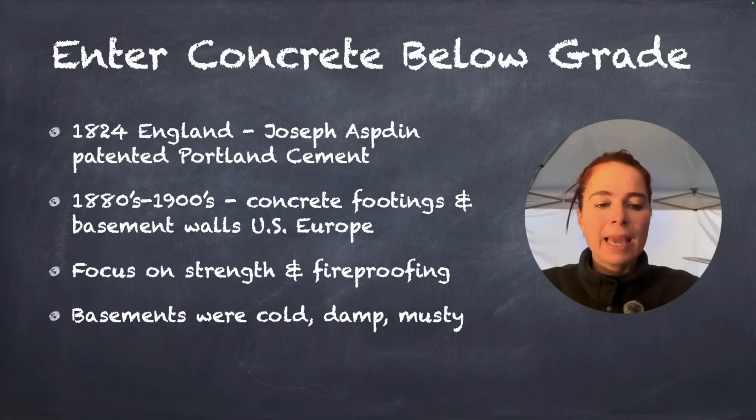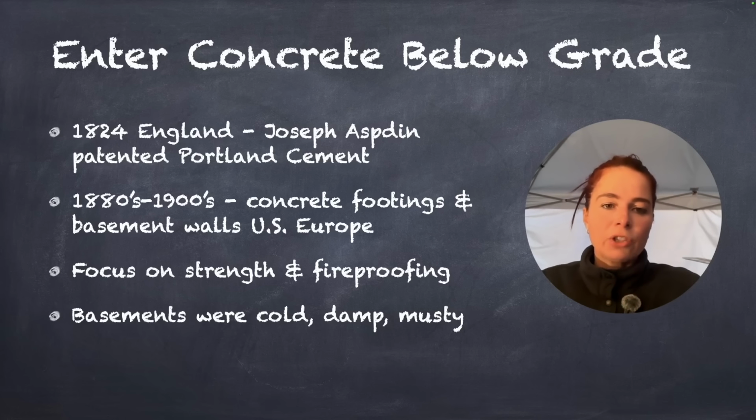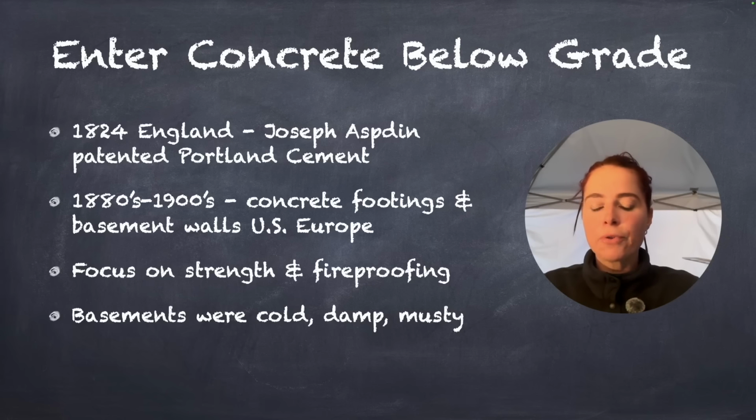By the 1880s and 1900s, concrete footings and basement walls started to appear in the US and Europe, and they really replaced stone and brick in urban housing. With these early concrete foundations, the builders were really focused on strength and fireproofing, not on moisture.